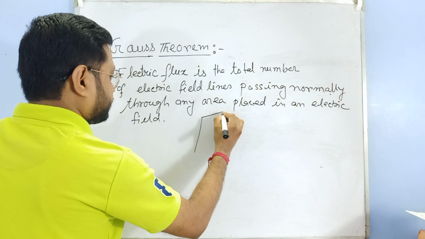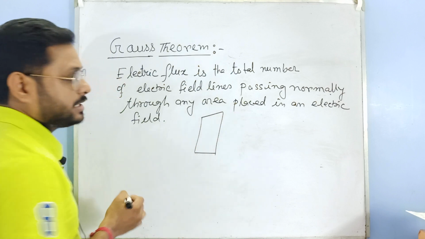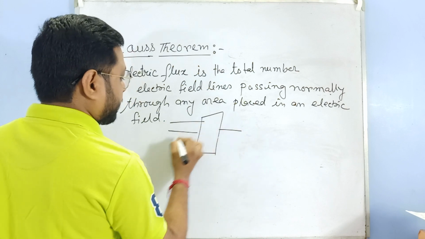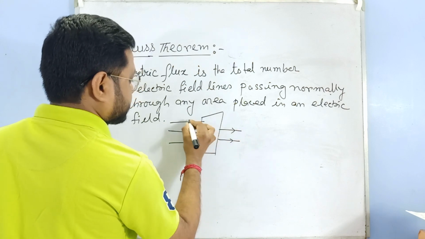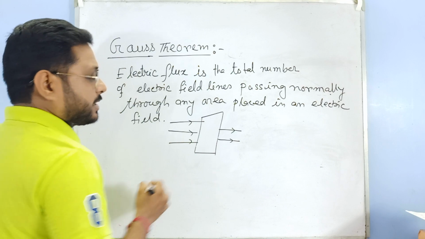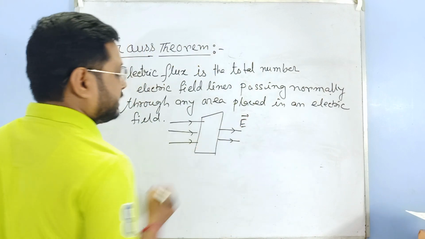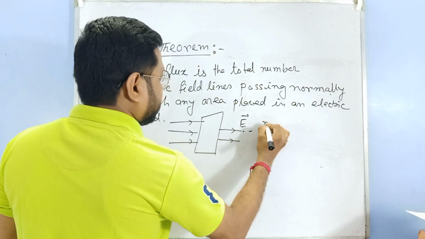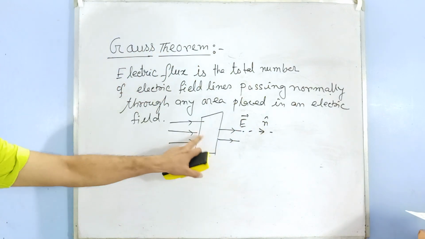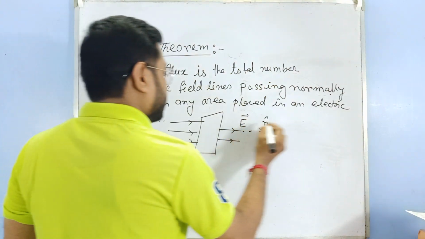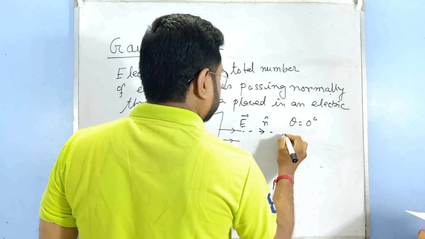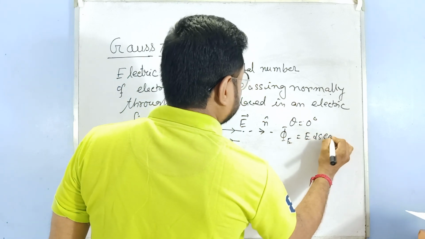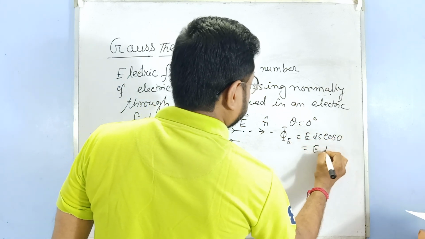If an area is placed in an electric field which is directed normally to it, then E's direction is normal to the area and the area vector is also directed along the normal. So here theta becomes 0 degrees, and the flux phi E becomes E dS cos 0, which is nothing but E dS.